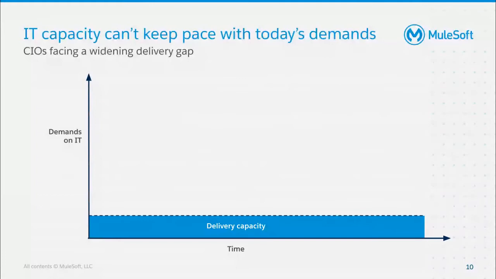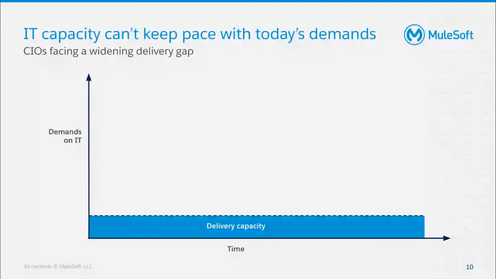And now a project team comes and approaches them with a new idea, with a new initiative, and says, I need to have this delivered in the next 3 weeks. And then another team comes and asks for support, asks for application support, or there's a new infrastructure that needs to be built. At some point, the delivery capacity is reached.